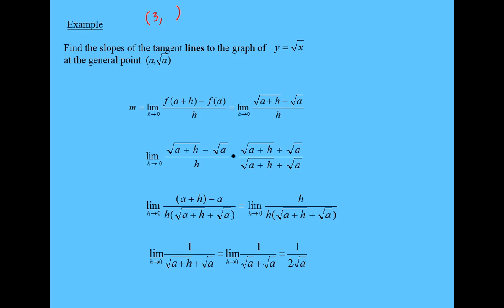But for this one, if we leave this as a, we then come up with an expression at the very end where we can now plug any value of x we want in and find the slope of the tangent line at that point. So you can see if you're trying to find the slope of the tangent line at multiple points, you would want to find the slope of the tangent line at a general point a, and then you can just plug in whatever you want after you found your expression.